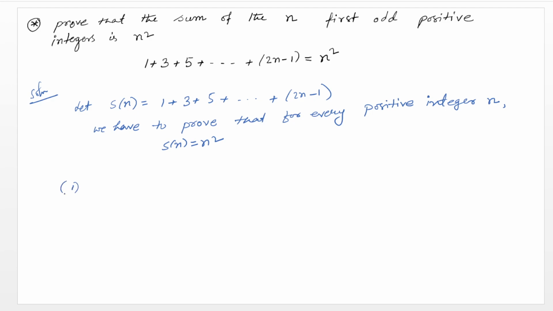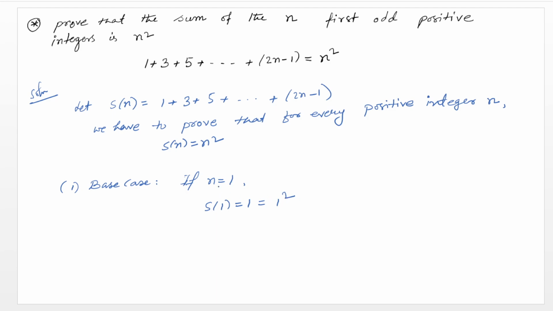Now, the base case. What is the base case? n equal to 1. So if n equal to 1, and we put it in this relation, we obtain S of 1 is equal to 1, which can be written as 1 square.